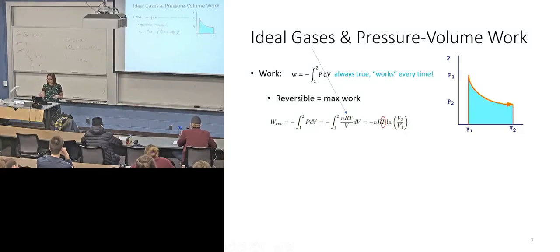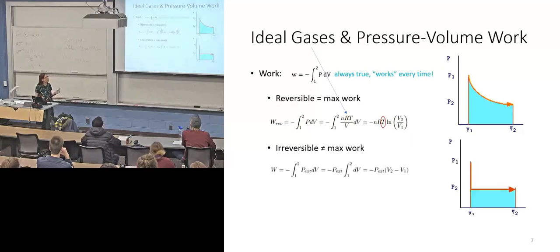I just want to point that out because if you see the word reversible and just use this work equation every time, it's not going to work, okay? You'll realize that as you start to fill it out. Sometimes I get answers back on exams where you picked one of the two temperatures and decided to use it. I'm like, that doesn't work.